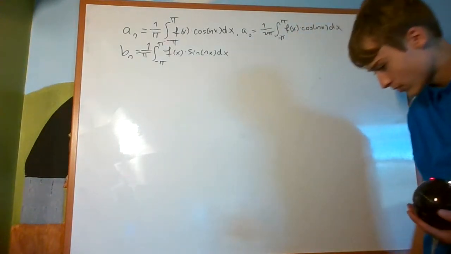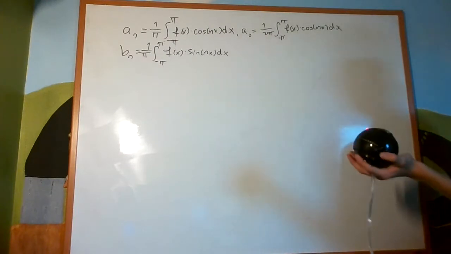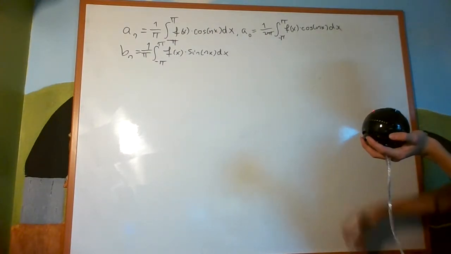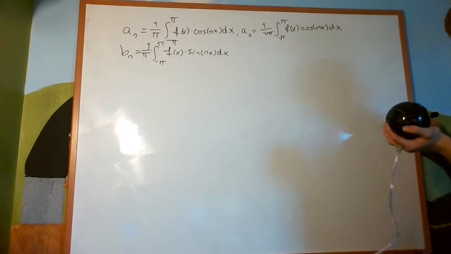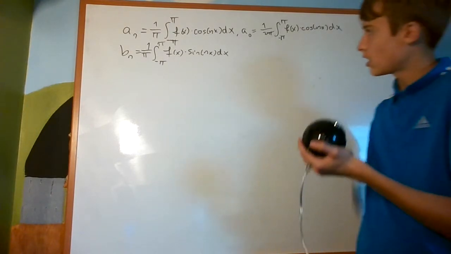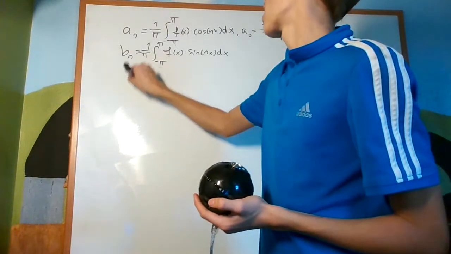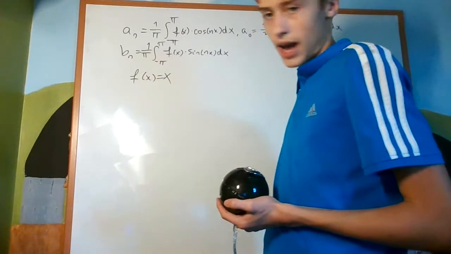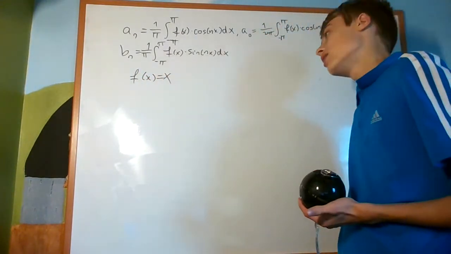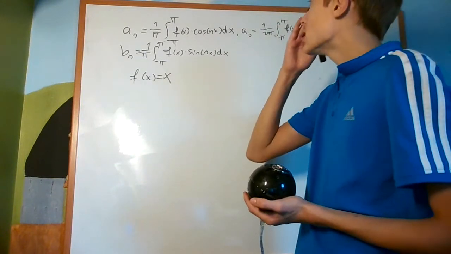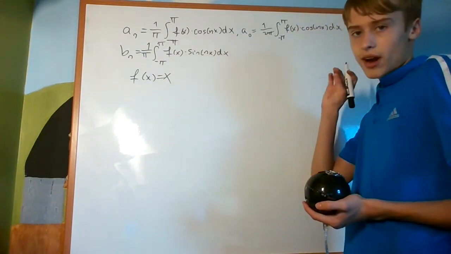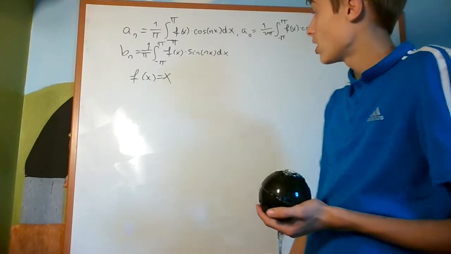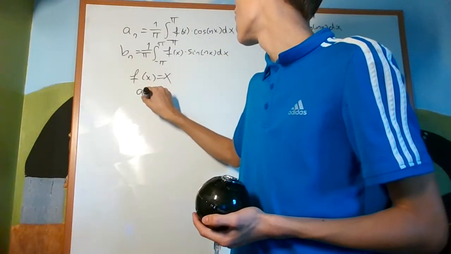Okay? So, let's do an example. Let f of x equal x. Let's figure out the Fourier series for f of x equals x. What's an going to be?